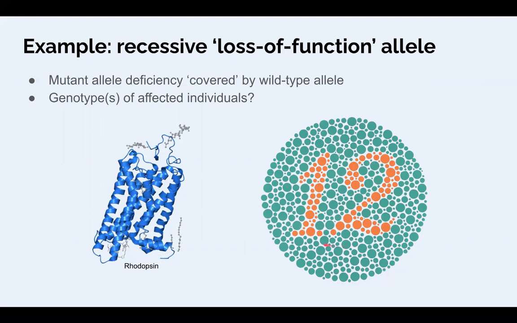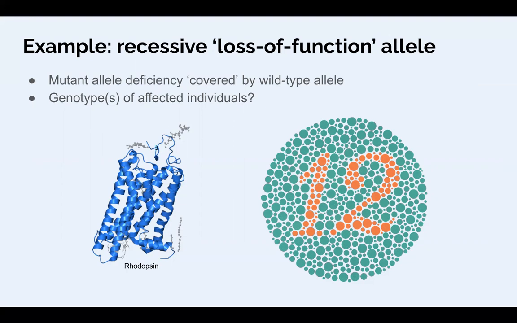So an example here, this is a mutation, an allele in the human population that causes color blindness. And if an individual has the mutated version, then they have this rhodopsin protein that doesn't perceive color. So it's mutated to be effectively broken.